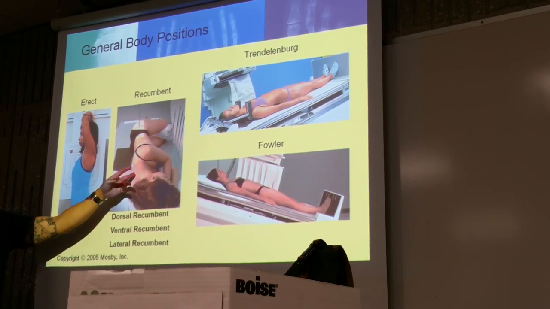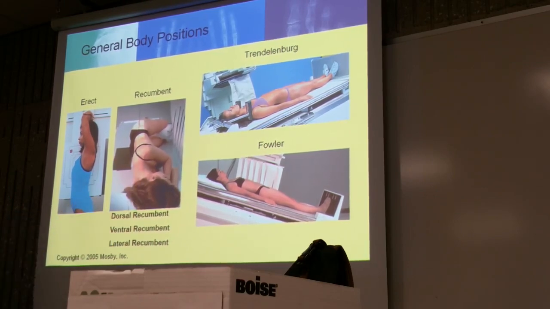Lateral projection, lateral position, more specifically a right lateral recumbent position. If it's coming in lateral and exiting lateral, we just say lateral. If it's entering one lateral and exiting the other lateral, it's just a lateral.